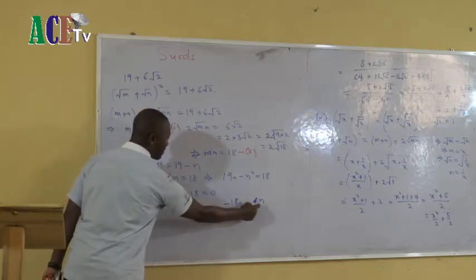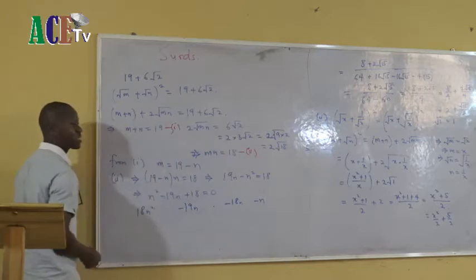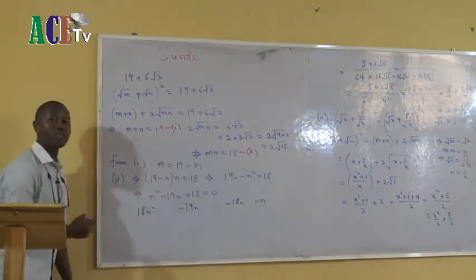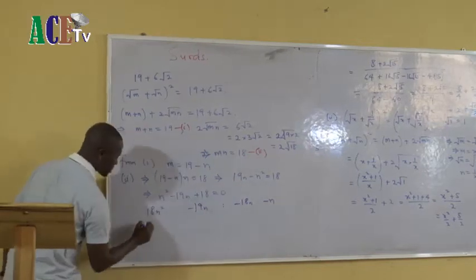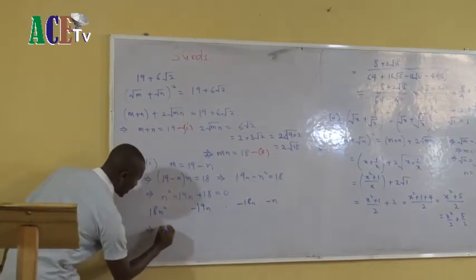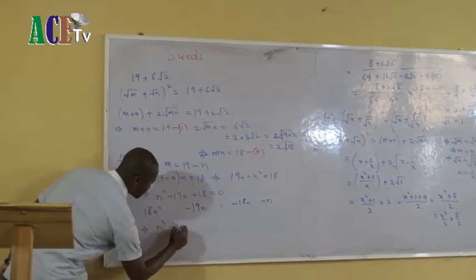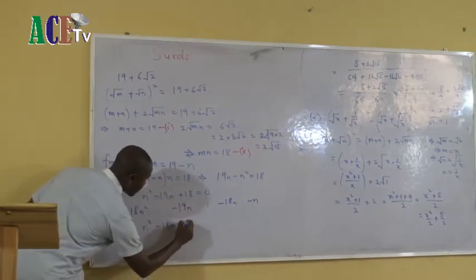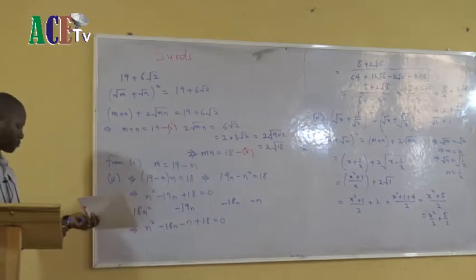And when we add minus n with minus 18n, we get minus 19n. So we can easily substitute this in place of the minus 19n. This implies that we have n squared minus 18n minus n plus 18 equals 0.